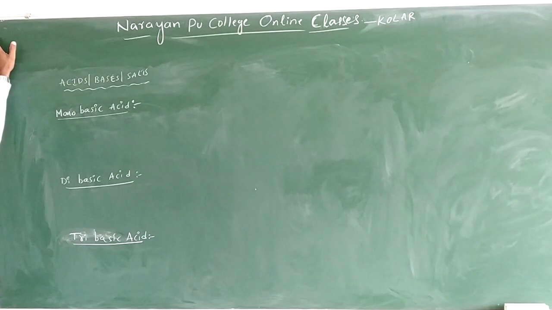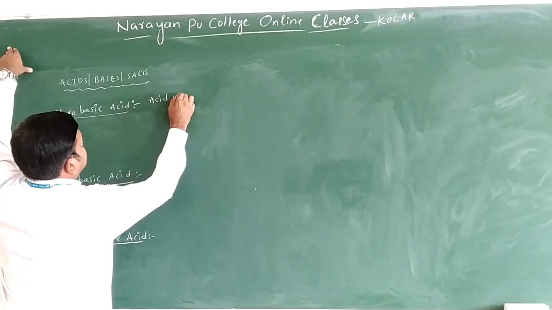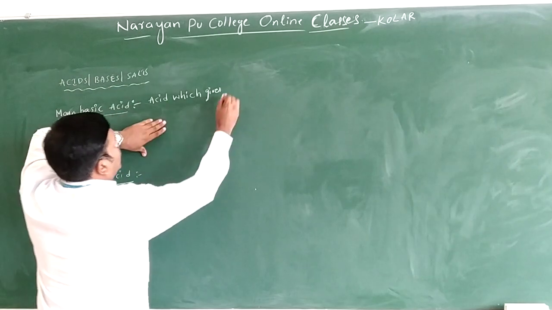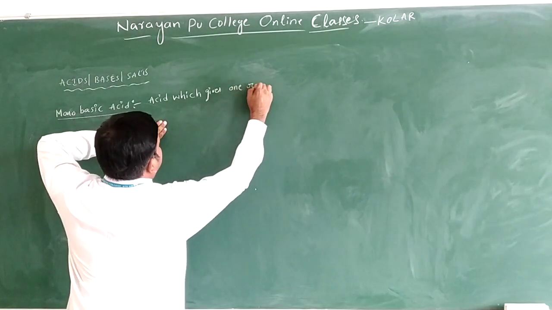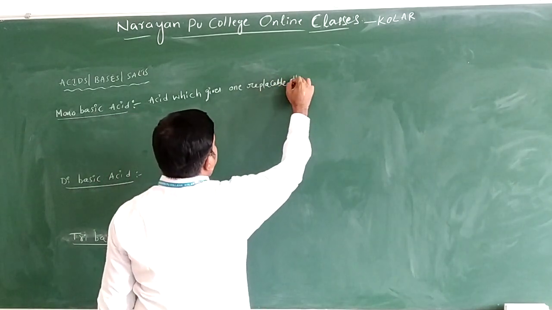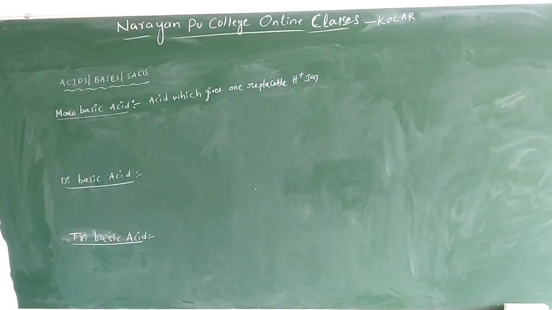What is monobasic acid? The acid which gives only one H plus ion, or the replacement of hydrogen takes place only once. The acid which gives one replaceable H plus ion comes under monobasic acid.